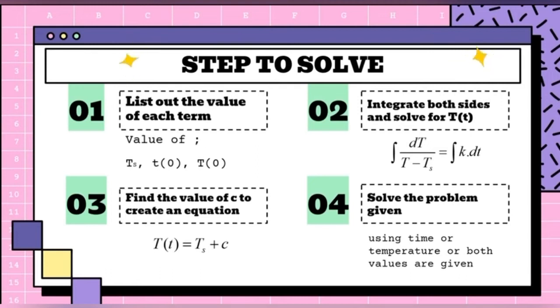Second, integrate both sides and solve for the function of T with the formula stated here. The result is always ln(T minus the ambient temperature) equal to kt plus a constant.